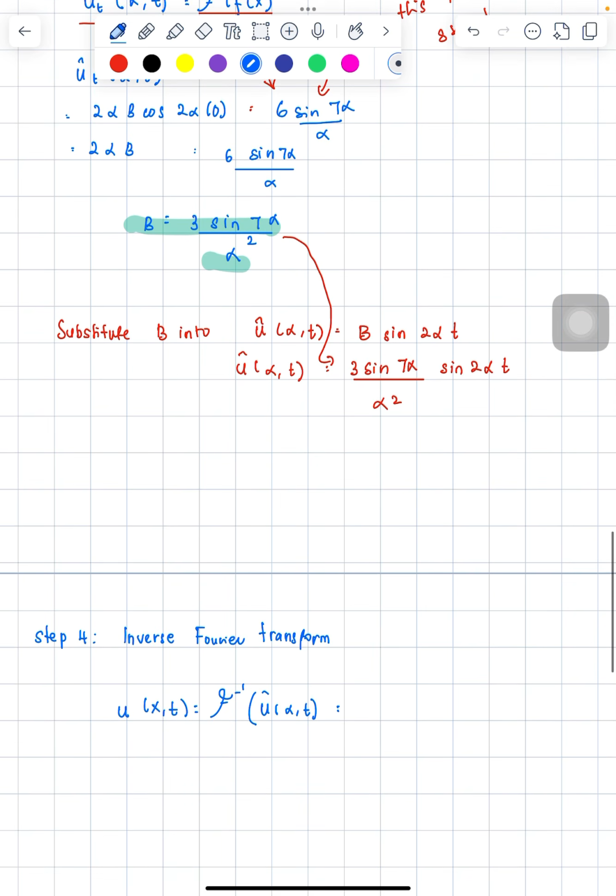By using the formula from the previous video, it is 1 over 2 pi, the integral of u hat(alpha, t) e to the negative i alpha x d alpha from negative infinity to infinity.